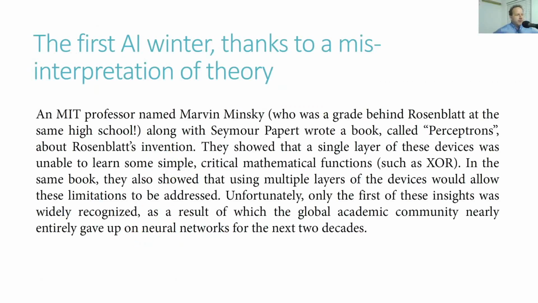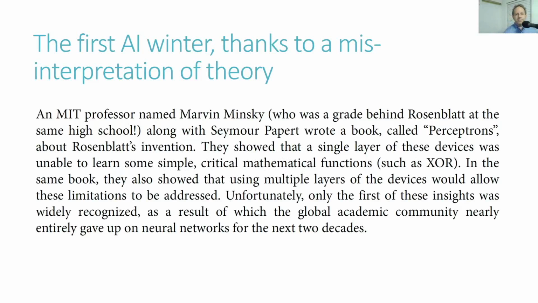Then we had the first AI winter, as it was known, which to a strong degree happened because an MIT professor named Marvin Minsky and Papert wrote a book called Perceptrons about Rosenblatt's invention, in which they pointed out that a single layer of these artificial neuron devices couldn't learn some critical things.